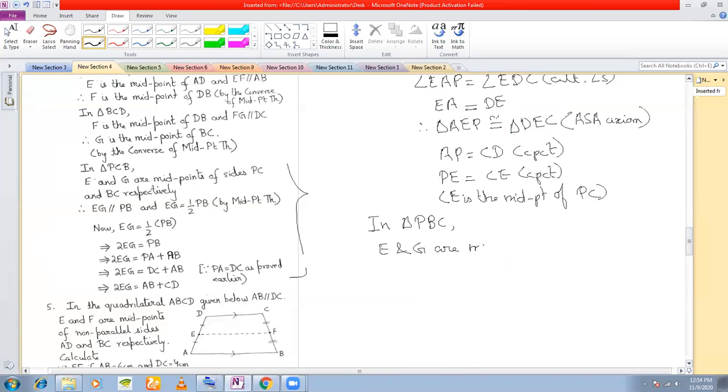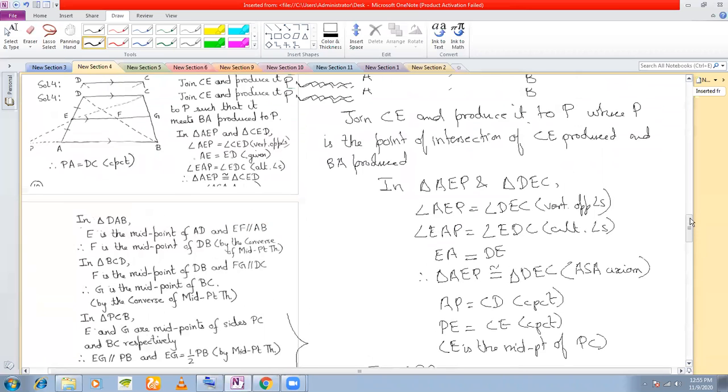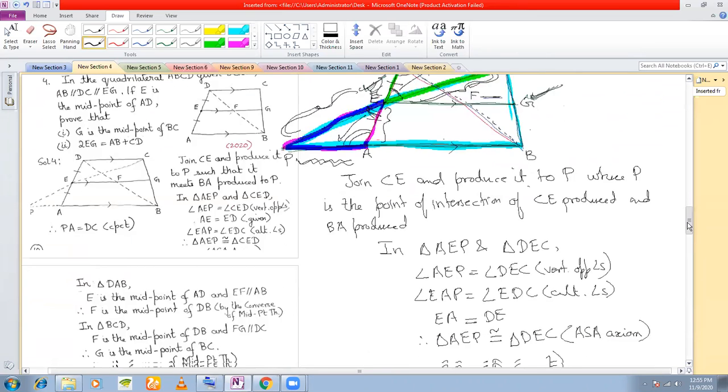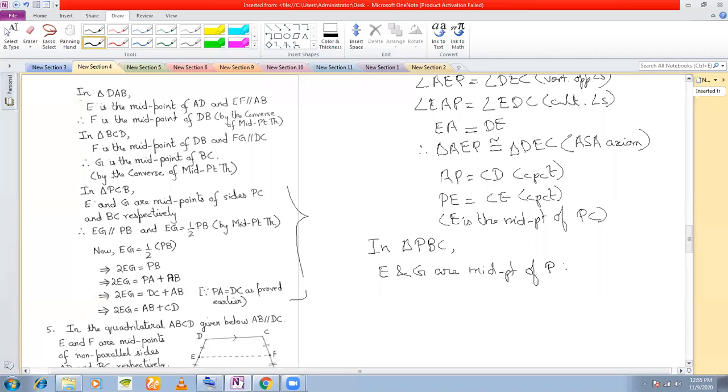E and G are midpoints of PC and BC respectively.